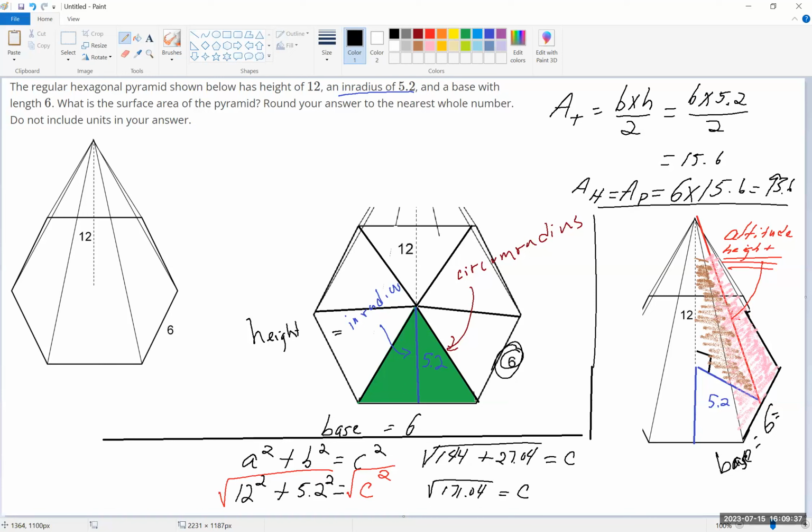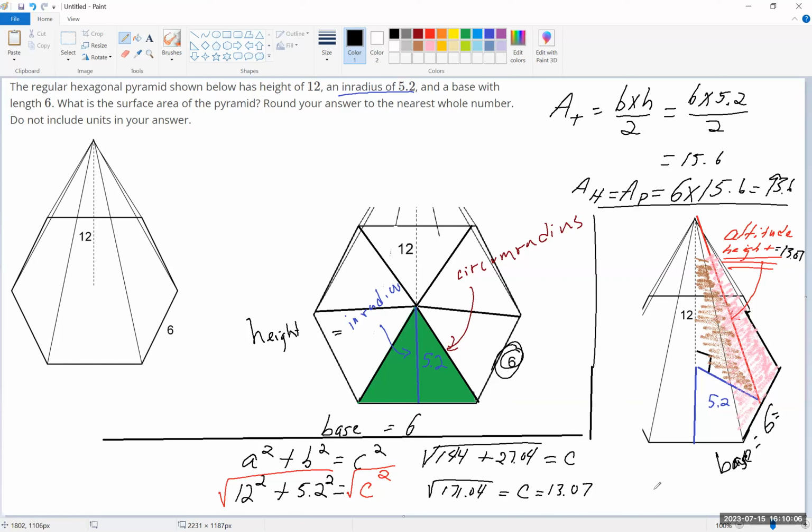And so the square root of that, 171.04, is 13.07. So this is 13.07.